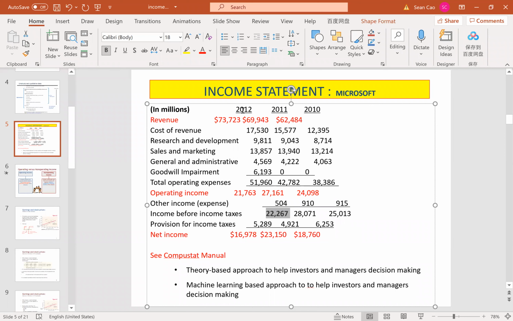Let me share my screen with you, and you can see what income statement data look like.